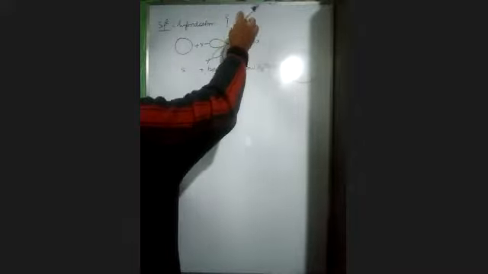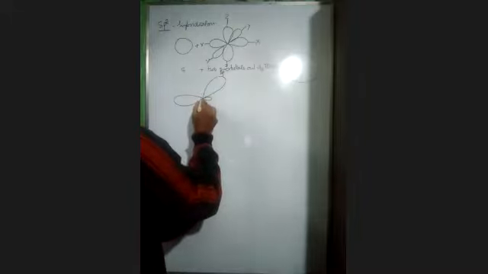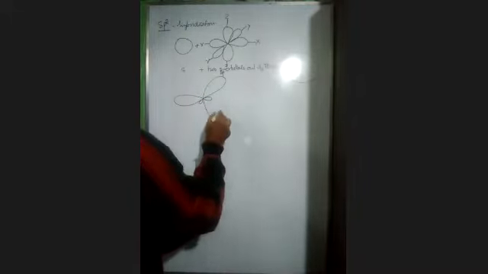We cannot separate the orbitals. So out of the 3, I have taken this and this. This is still there. These are the set of 3 hybridized orbitals.